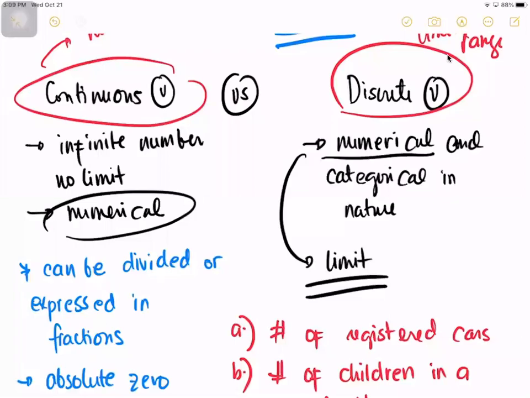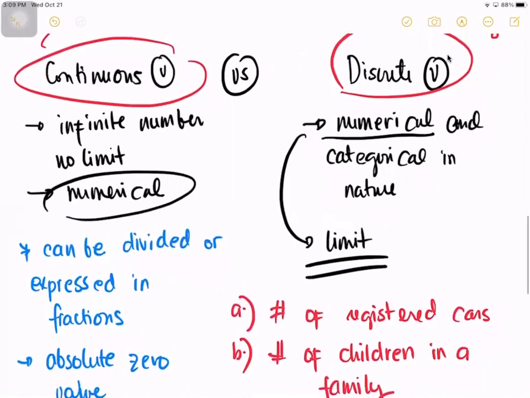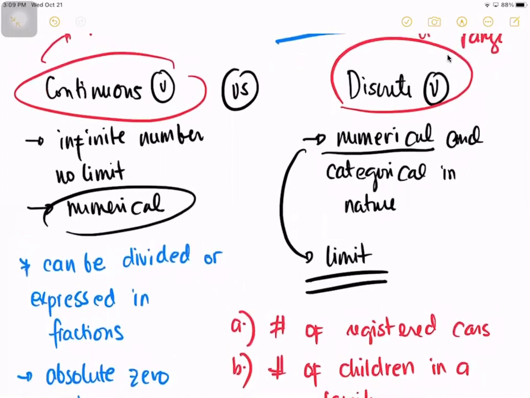All right. So we are now in part two of our lecture on research variables. And we left off with the comparison between continuous and discrete variables from the first part of our lecture. Just a quick review.